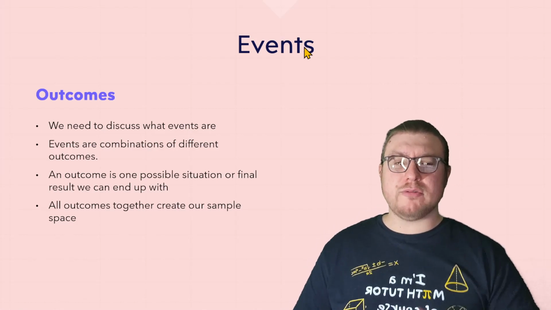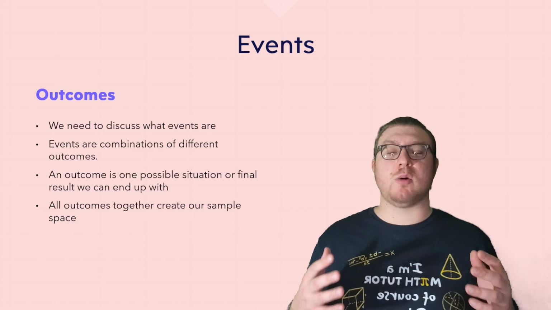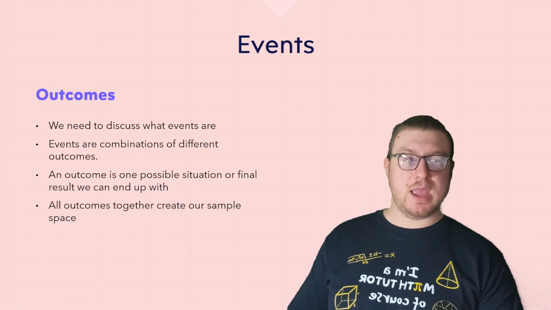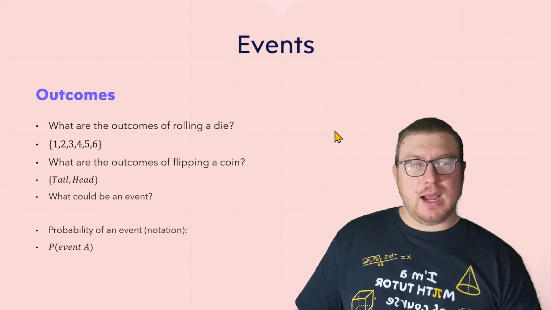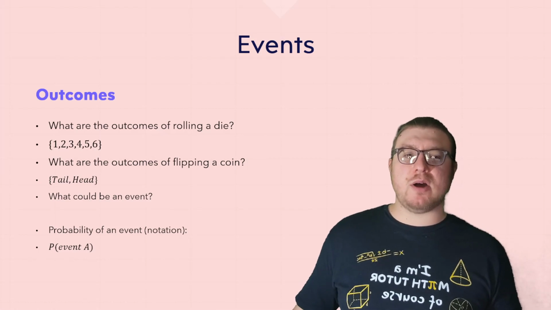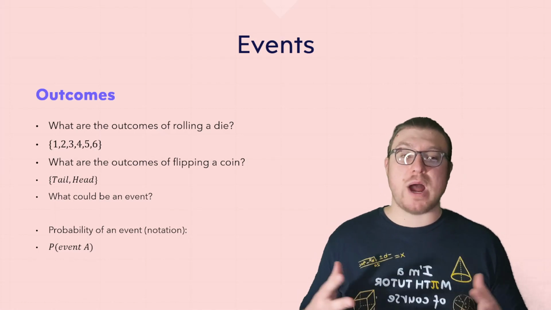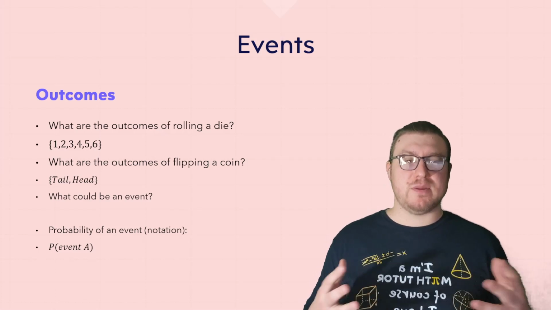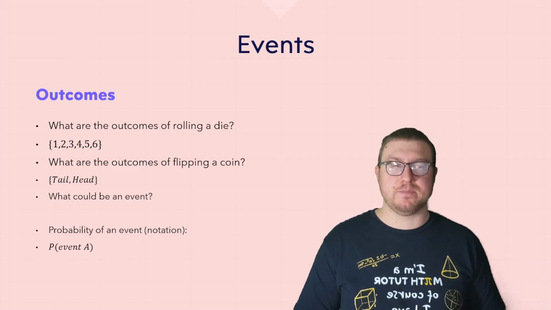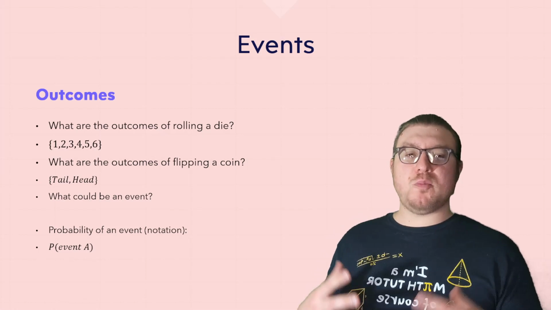All of our outcomes together, we consider our sample space. Just like we talked about, rolling a die, there's 6 different options for your outcomes, 1 all the way through to 6. Flipping a coin, tail and head. What could be an event here?